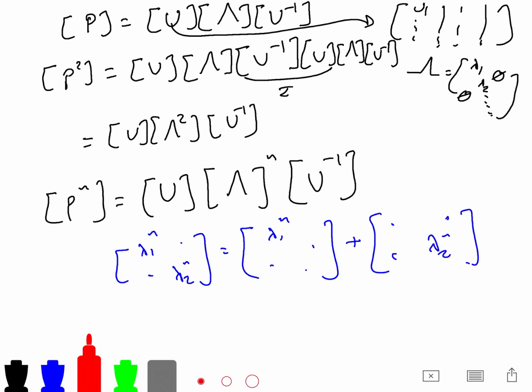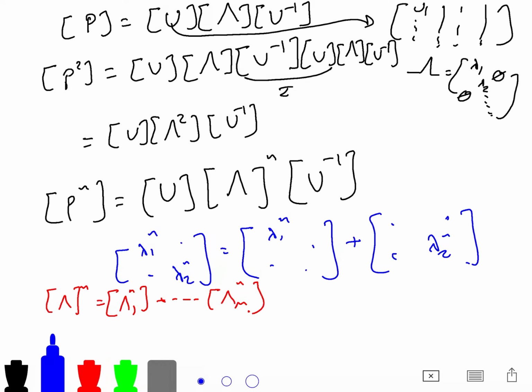Using this idea, we can write alpha to the n equal to alpha 1 to the n plus all of your eigenvalues to the n. All of these are matrices.